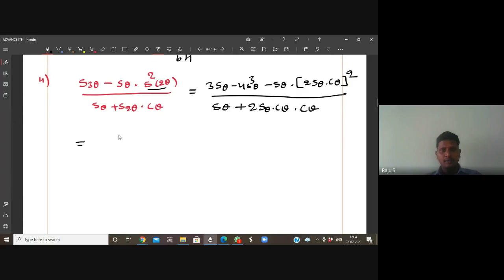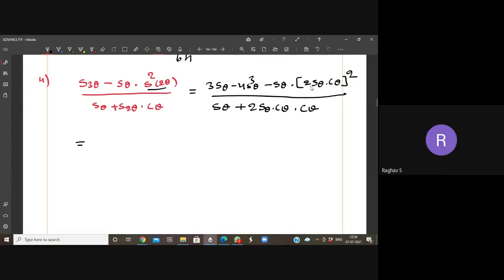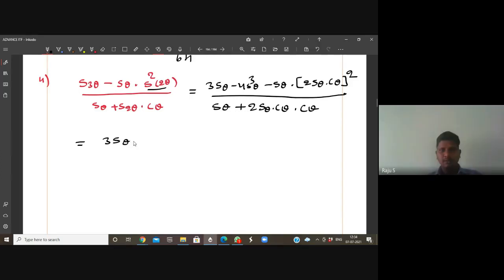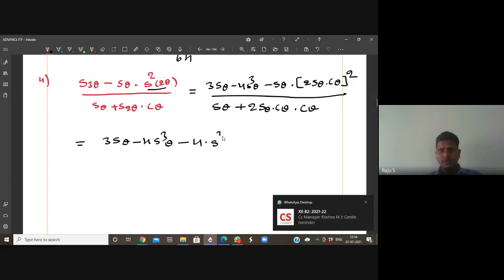When I simplify here, the denominator is 2 sin theta cos square theta, and in the numerator 3 sin theta minus 4 sin cube theta minus 4 sin cube theta cos square theta. Am I right?